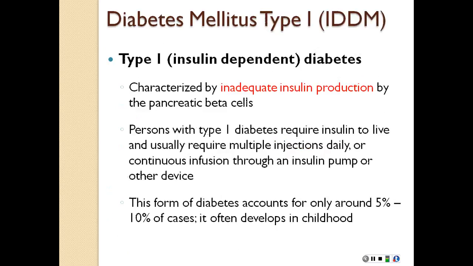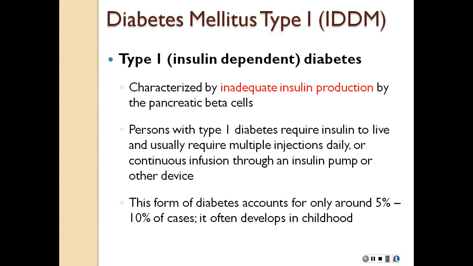In type 1, what you have is inadequate insulin production. Type 1 diabetes mellitus occurs when the pancreas is not producing enough insulin. So people who have type 1 diabetes obviously are going to need what?